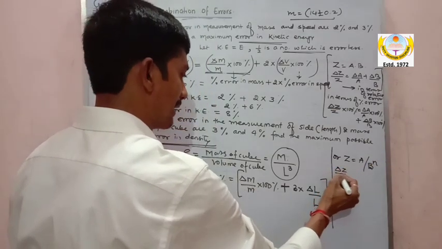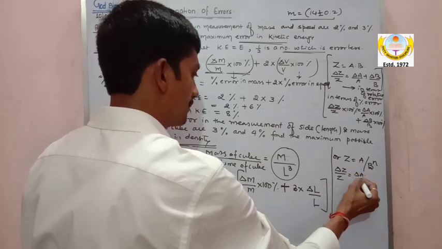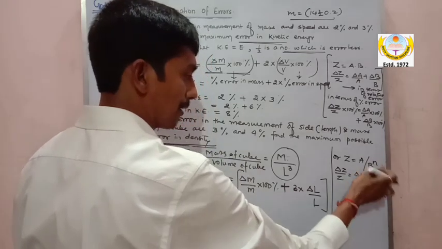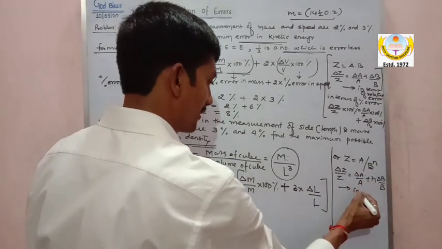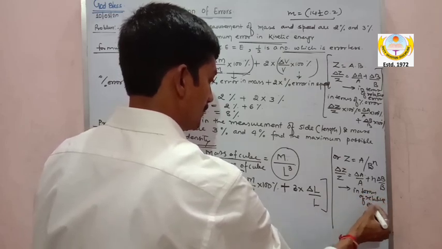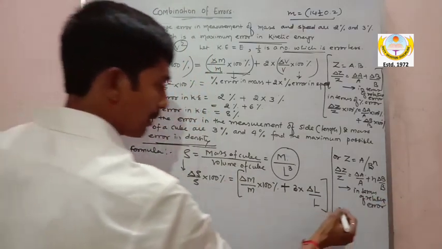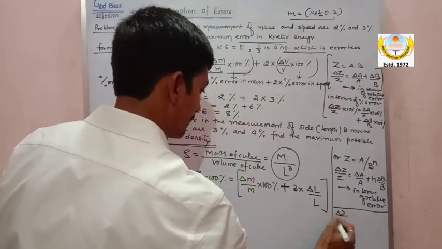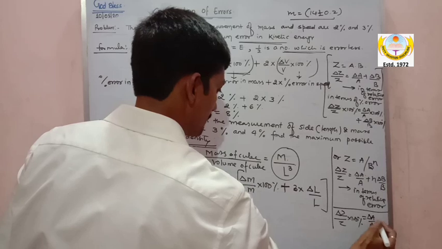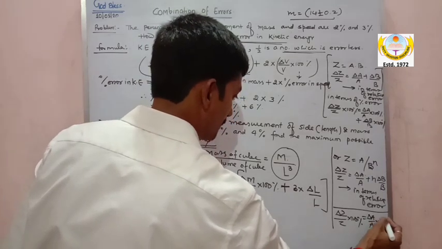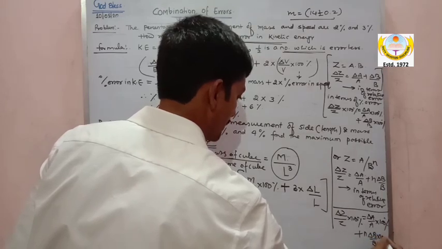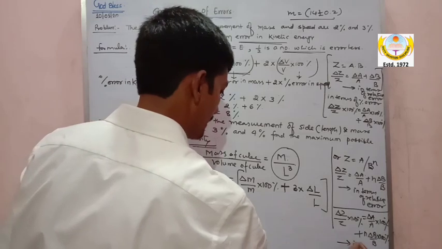It will be delta Z by Z is equal to delta A by A plus n into delta B by B. This power gets multiplied to the error of B. This is in terms of relative error. And in terms of percentage error, delta Z by Z into 100% is equal to delta A by A into 100% plus n into delta B by B into 100%. This is in terms of percentage.